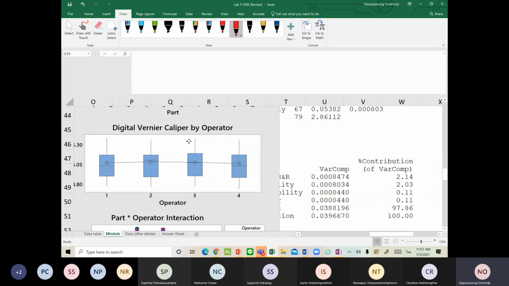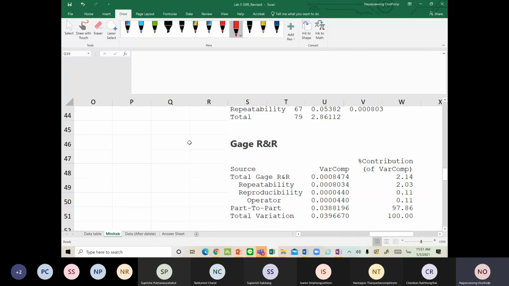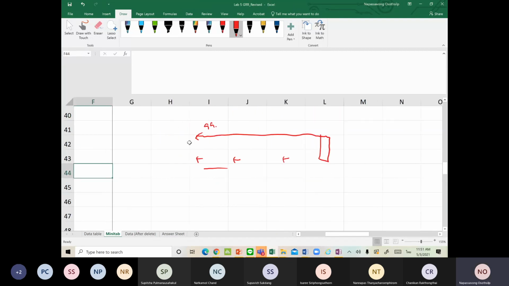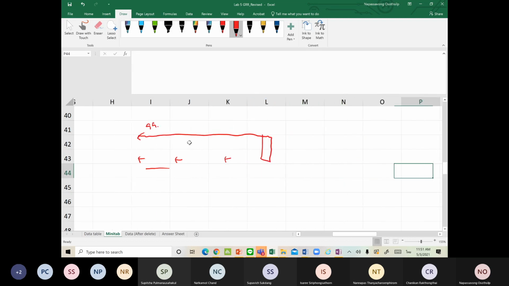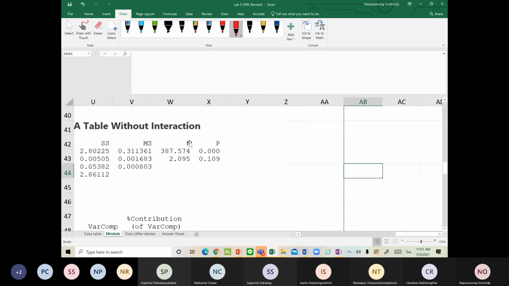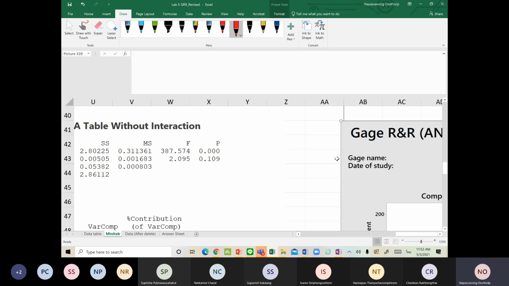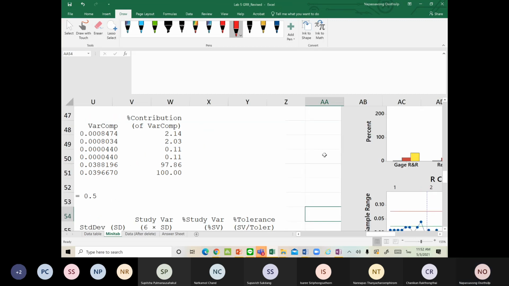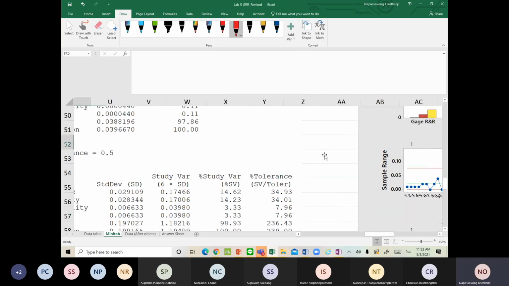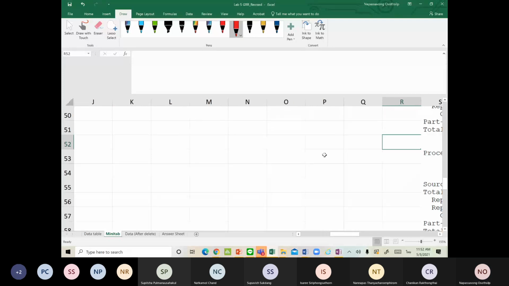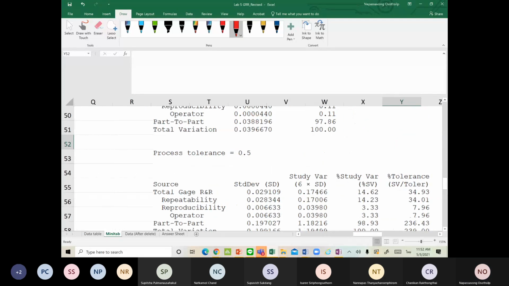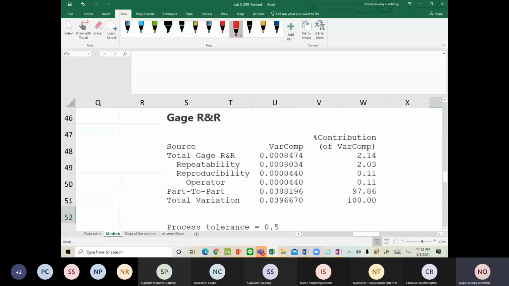There it will tell you this table about percent contribution for total variation.